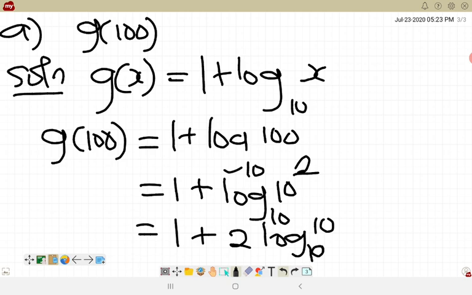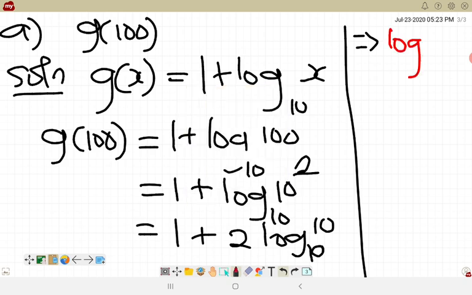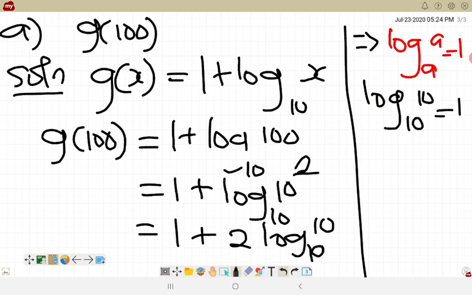So solving further, in one of the theory of logarithm, you remember that log a base a equals 1. Therefore, log 10 base 10 equals 1 as well.